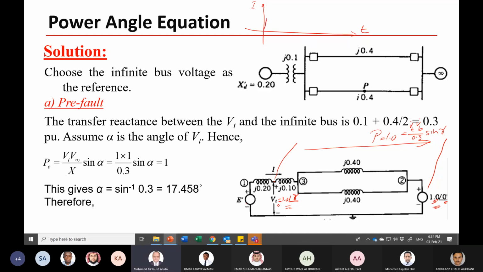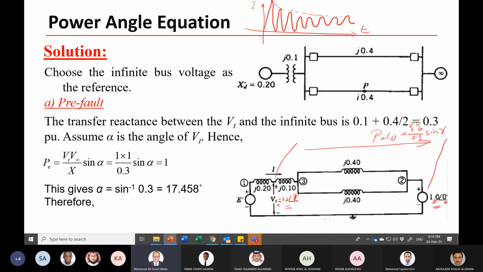You can see at the beginning the fault current is very high and then it goes down, and so on. You have such an envelope here.